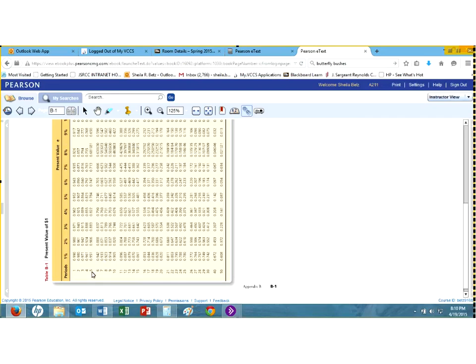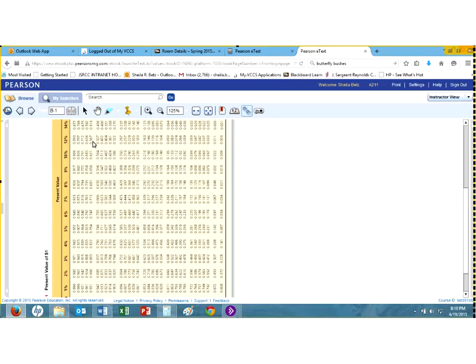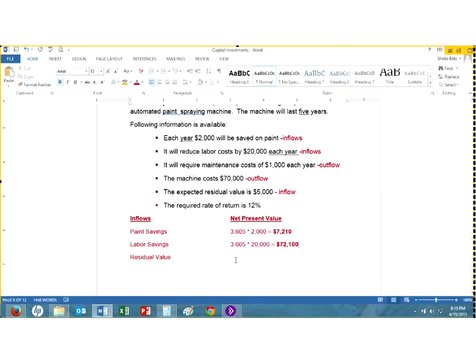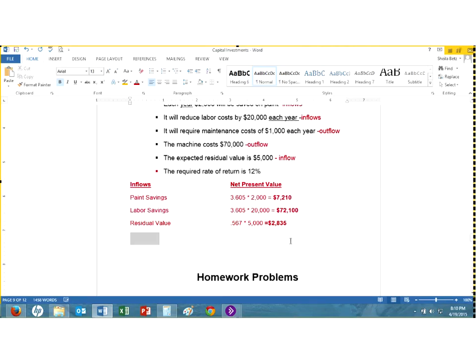So we'll look at period 5, scroll over to the 12% column, and the factor we're going to use is 0.567. We're going to take that $5,000 and multiply it by 0.567 to show us that $5,000 in the future is worth $2,835 today.